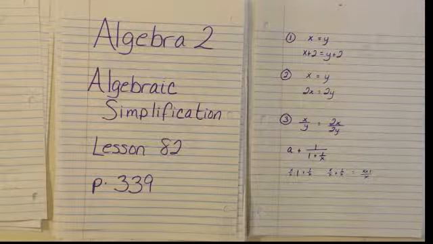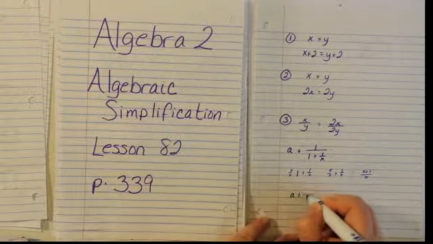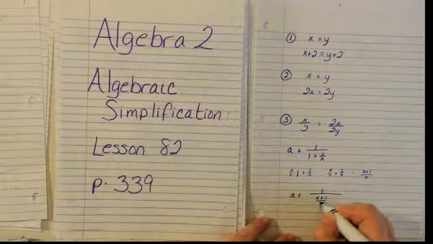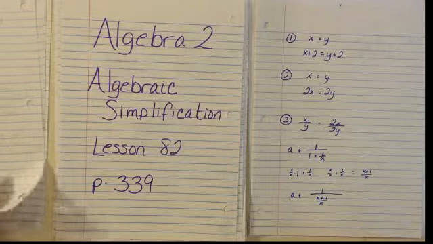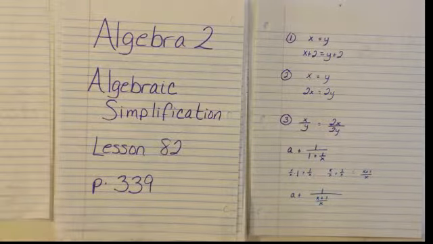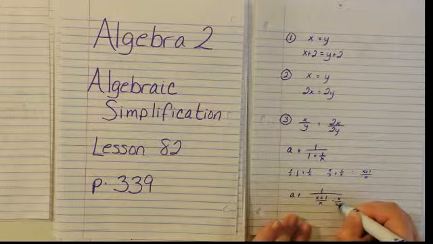Okay, now we're going to put this back in. We have a plus 1 over x plus 1 over x. And now we can multiply the top and bottom by the inverse of the denominator.